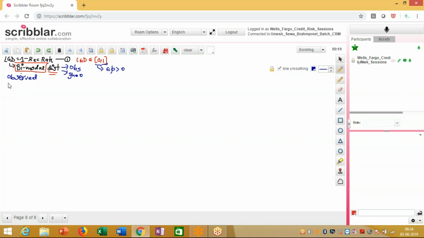The question that comes up is, how do I create my observed distribution? Before I talk about how to create it, let us see how our distribution would look. An observed distribution, as I said, is created from the observed behavior of the data. This is created from the data set itself.